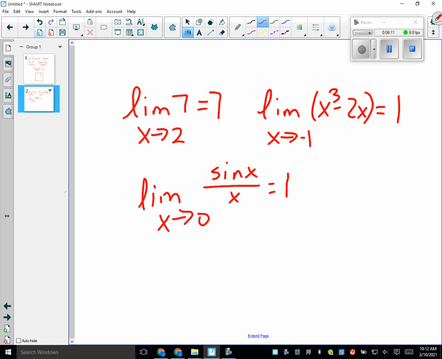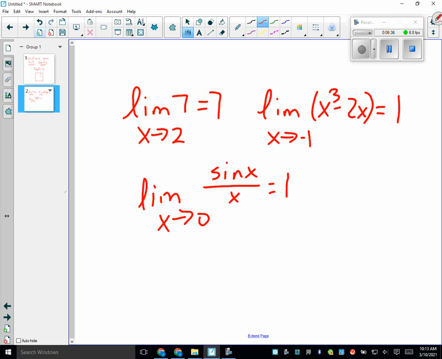This is the one you were supposed to remember. We just kind of touched on it lightly. That's why I'm making sure I cover it today. The limit as x approaches 0 of sine of x over x is 1 every time, because if you use L'Hopital's, it's cosine x over 1, which is 1 over 1. Or you can just memorize it and save some time.